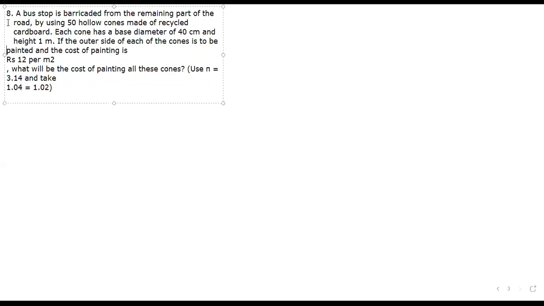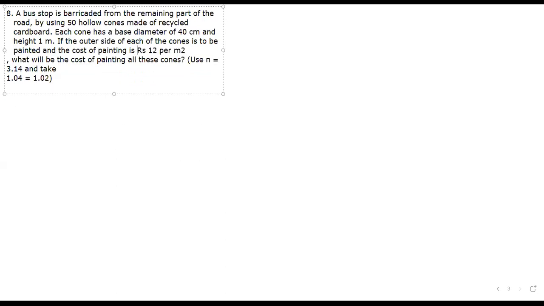And if the outer side is painted, find the cost of painting at the rate of ₹12 per meter square, only the outer side, because for a hollow cone, remember children, a hollow cone will always have both the sides. Yes or no? And now we have to paint 50 cones. So obviously we'll find out the outer curved surface area and multiply by 50.